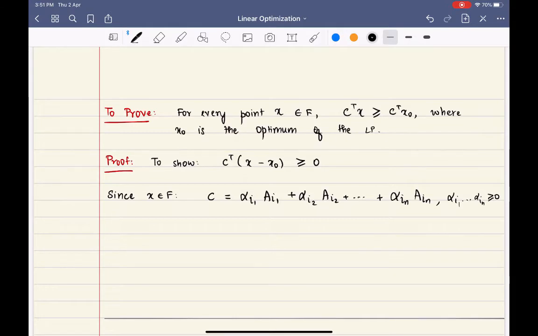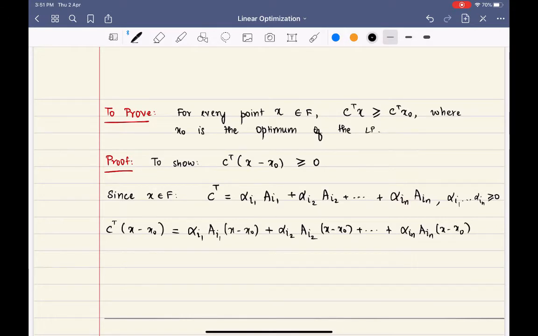Okay, now let me write C transpose here. Now C transpose of X minus X naught would be alpha i1 a i1 (X minus X naught) plus alpha i2 a i2 (X minus X naught) and so on.